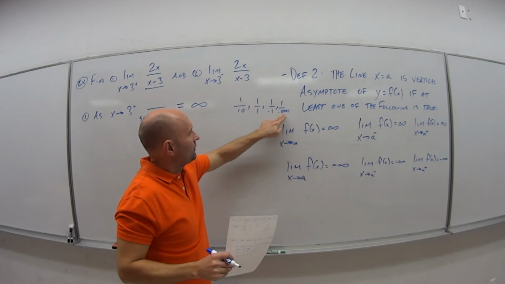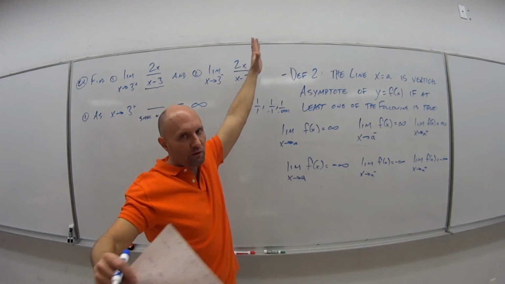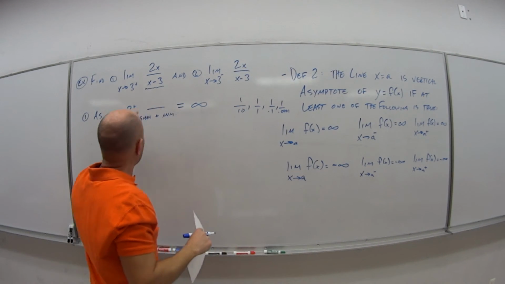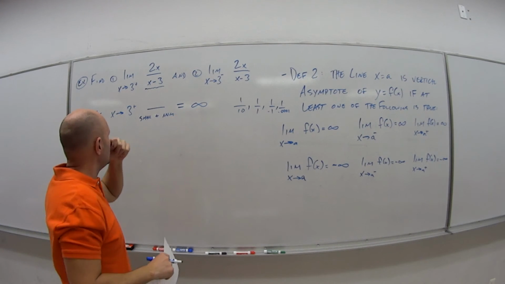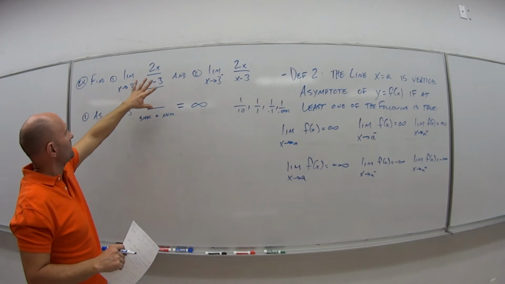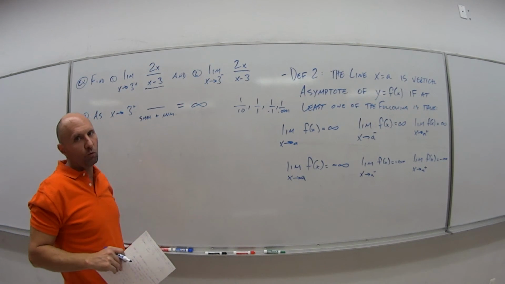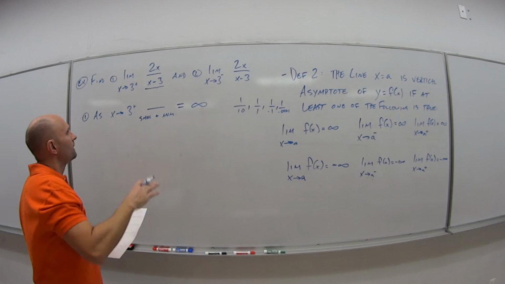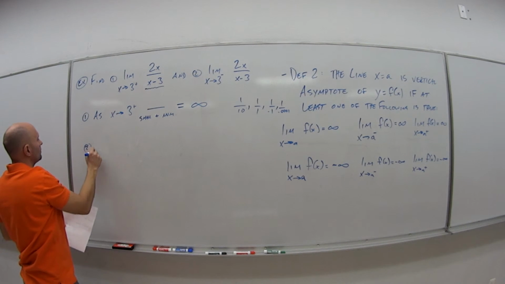And the smaller this number becomes, the bigger this entire fraction becomes, i.e. it goes to infinity. So for number 1, as x approaches 3 from the right, this entire function goes to infinity. What about number 2?